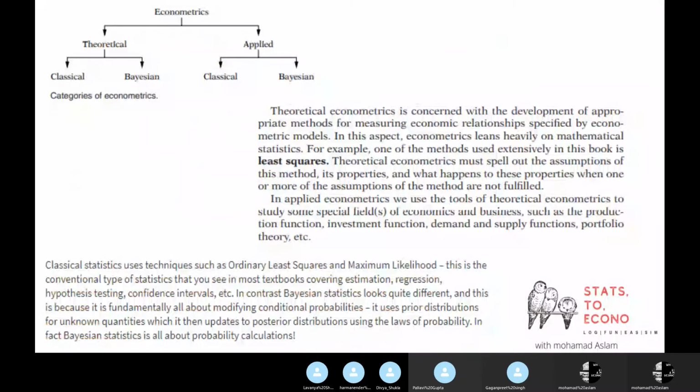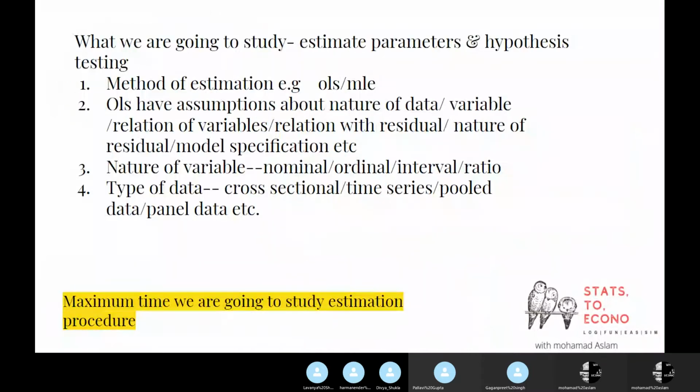One important thing which I missed yesterday: generally this econometrics approach is classical, in which we study the OLS method and MLE methods. As I tried to explain yesterday, there are different possible combinations in this subject.